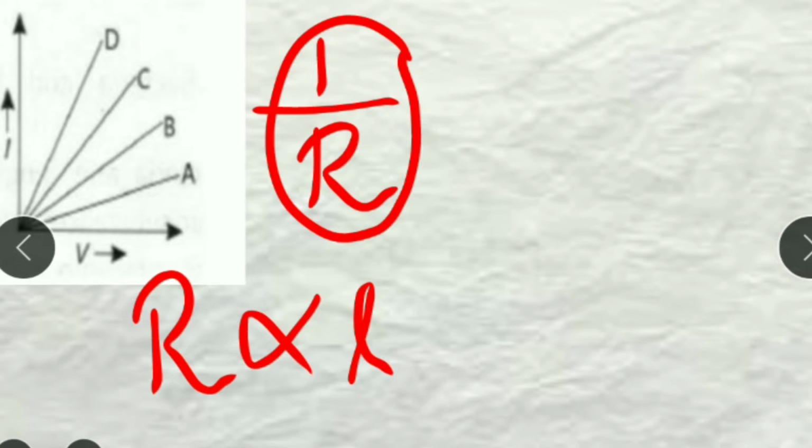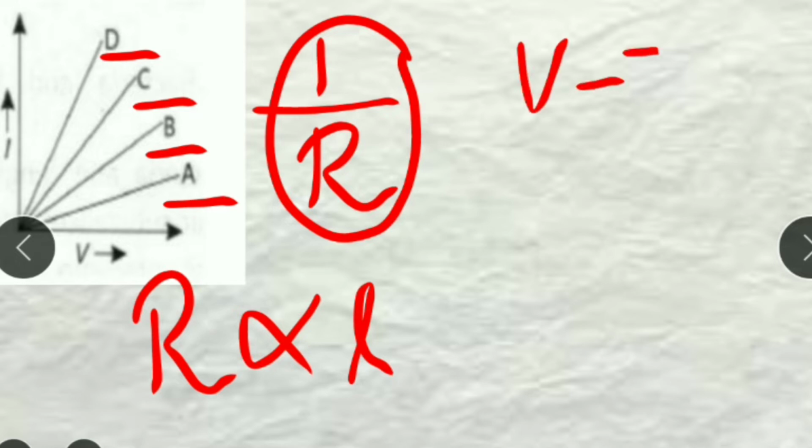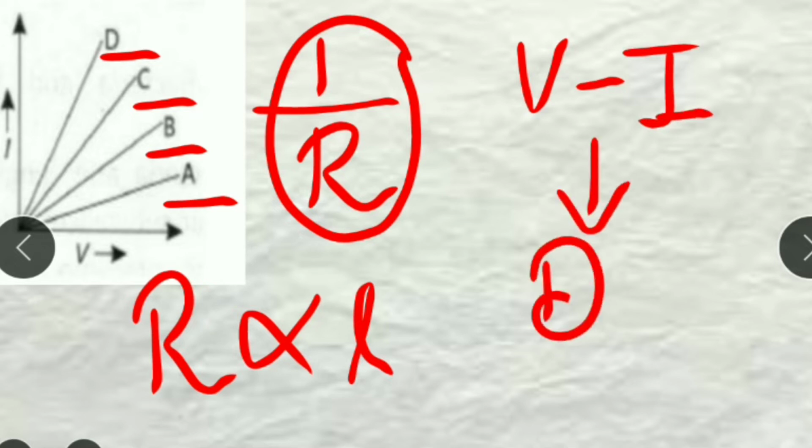In simple language, there are 4 materials given to you, A, B, C and D. If the graph had been a VI graph, the maximum resistance would be for D. But since this graph is an IV graph, it would just be opposite. The maximum resistance would be for A.